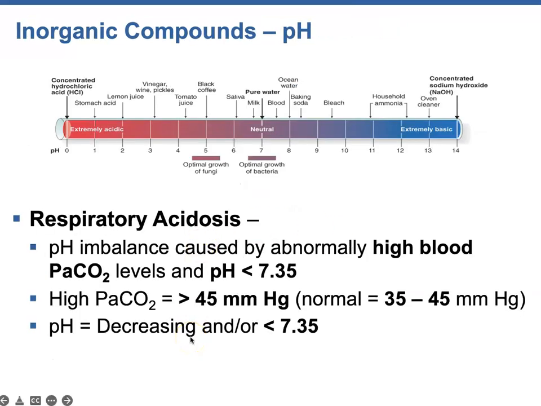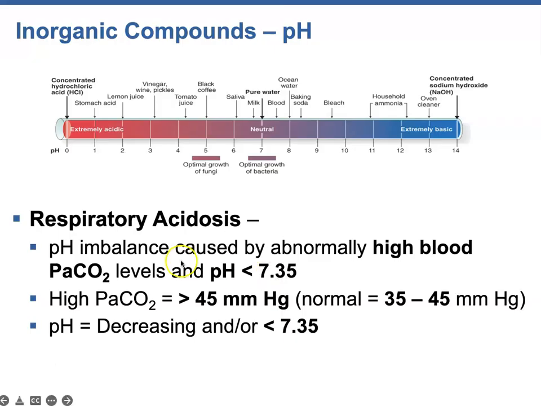Two terms that you're going to need to understand that are very important are when we attach the word respiratory to acidosis or the word metabolic to acidosis. So what happens here is when you have this thing that's called respiratory acidosis, right away what you should think is, oh, this is causing acidity, all right? And so our blood is becoming more acidic, which means the pH is decreasing less than 7.35.